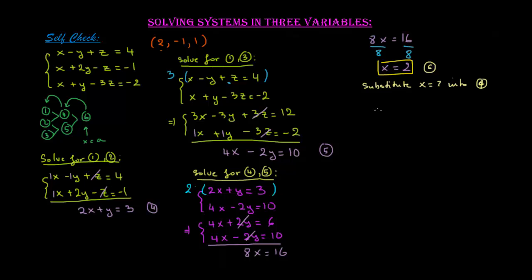We have 2x plus y equals 3, and my x is 2, so 2 times 2 plus y equals 3, so we have 4 plus y equals 3. Subtract 4 on both sides, we have y equal to -1, which is my second unknown.